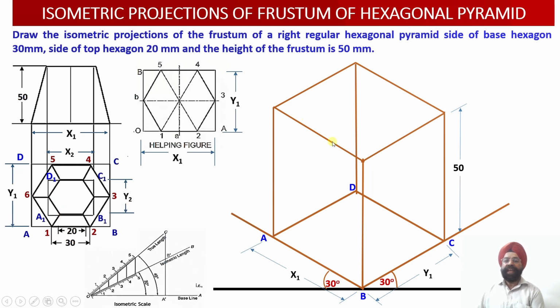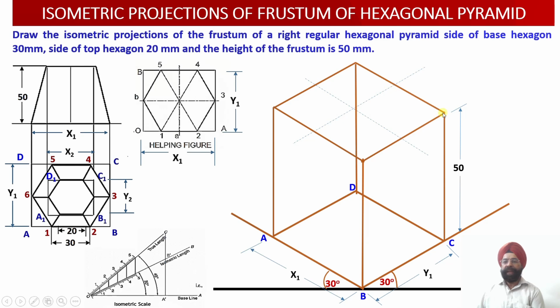But while we completed the construction of this hexagonal prism, we observed that the top face is still x1 and y1. So what we have to do is work out the center points. So how can the axis, or the center locus, be located? I have to obtain the midpoint of this x1 dimension over here.